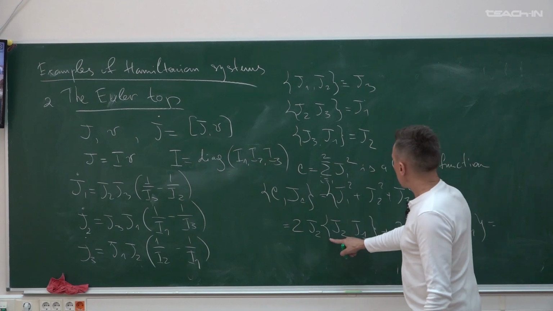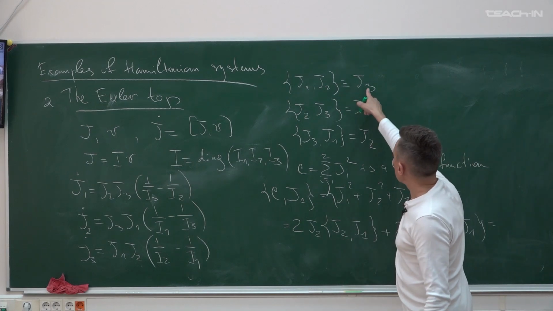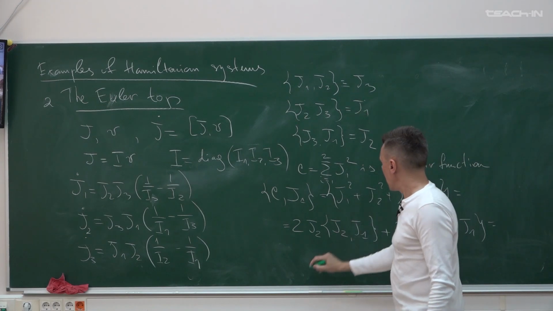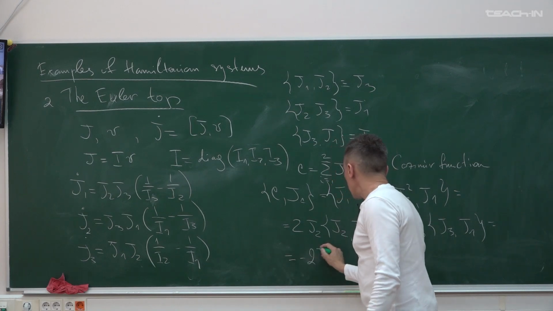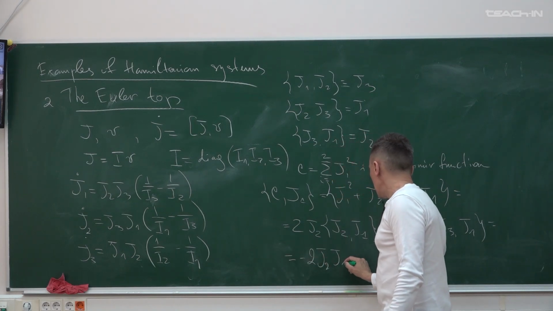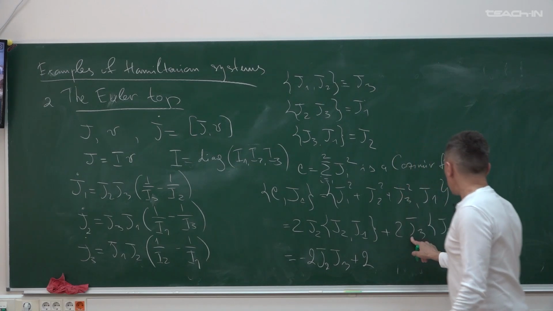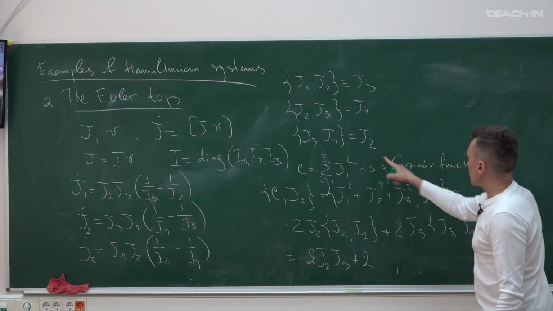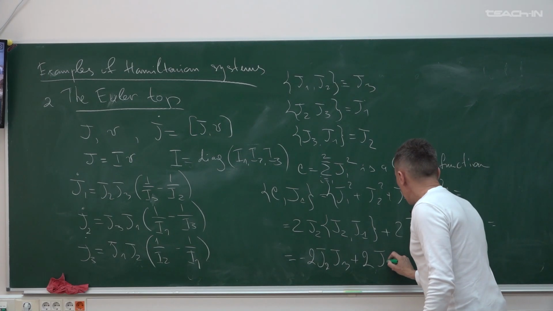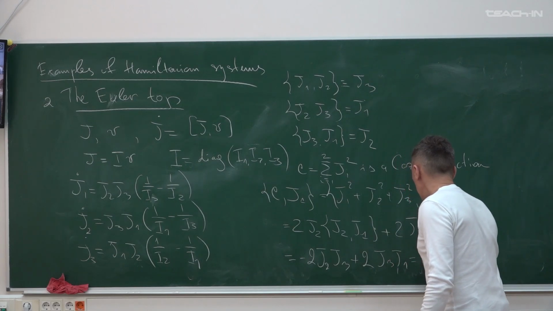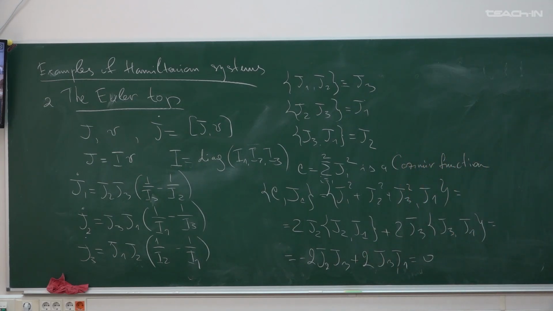Then J2, J1 is minus J3, giving minus 2 J2 J3, and J3, J1 is J2, giving 2 J3 J2. So it is equal to 0 because the signs are different.